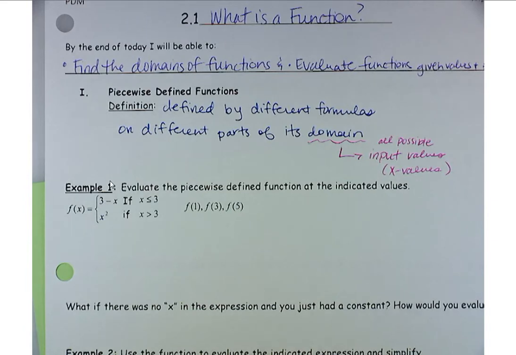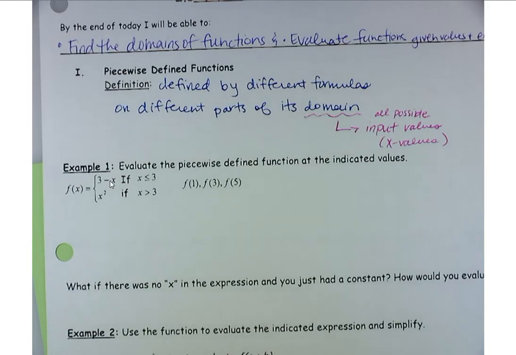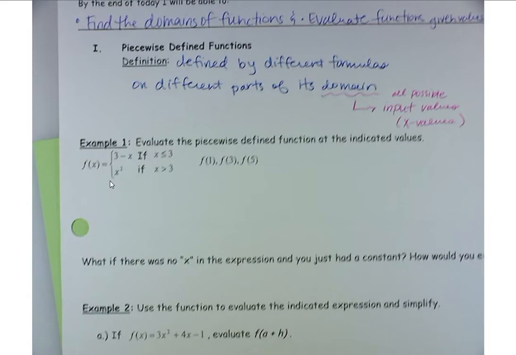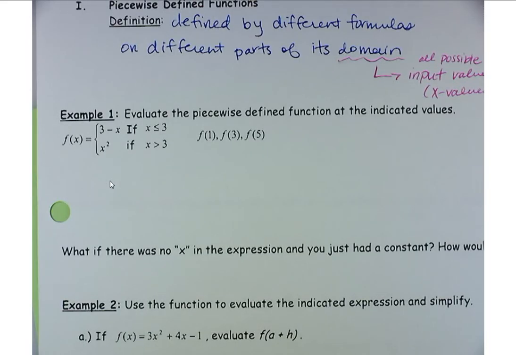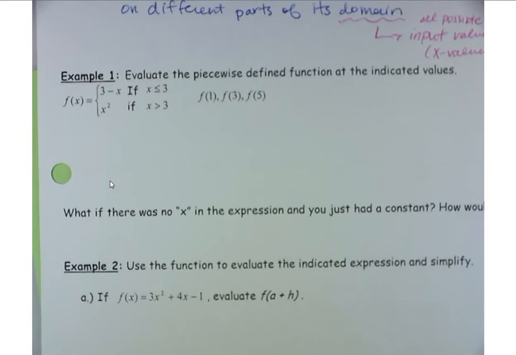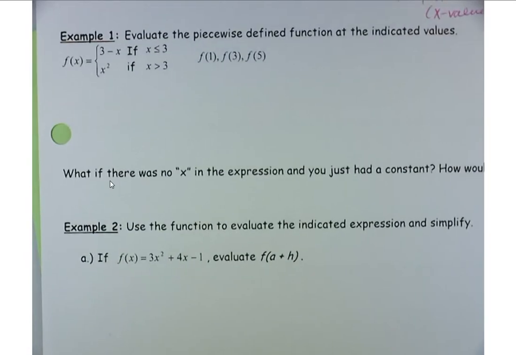So example 1, it says evaluate the piecewise function, or the piecewise defined function at the indicated values. Go ahead and look over that real quick. Okay, and then Lucas, tell me, what am I supposed to be doing for example 1?